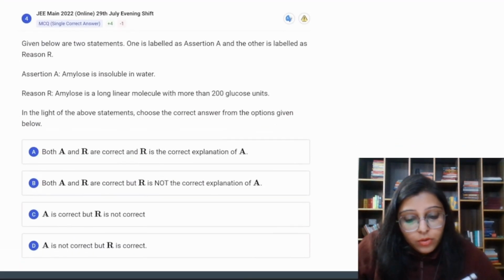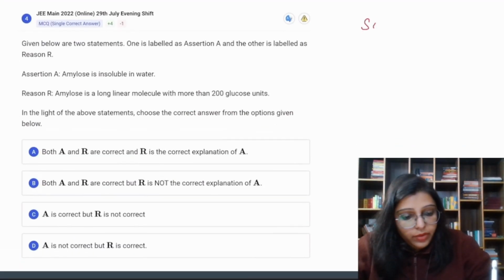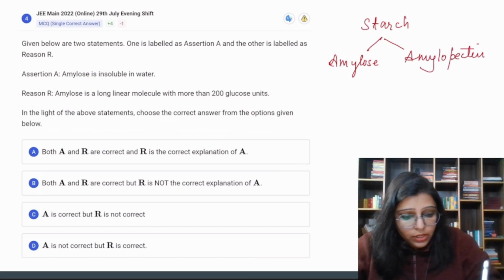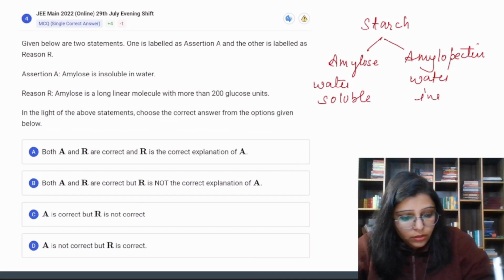Now the next question. Amylose is insoluble in water. See, we have starch. In starch we have two parts, amylose and amylopectin. Amylose is water soluble while amylopectin is water insoluble.